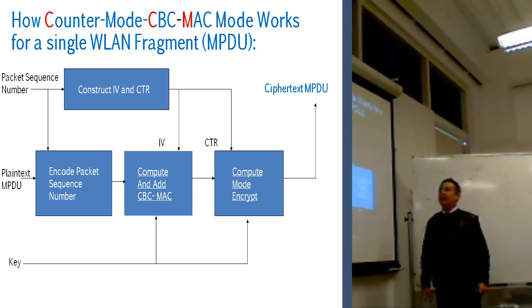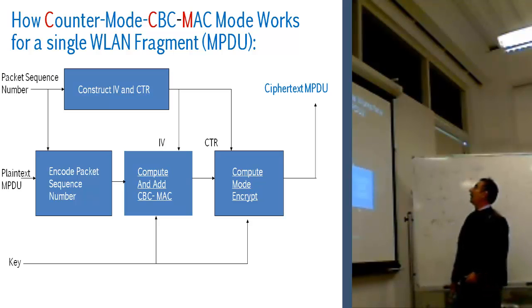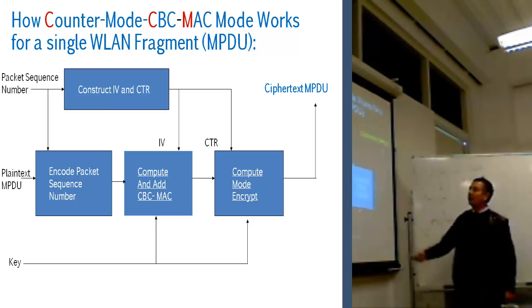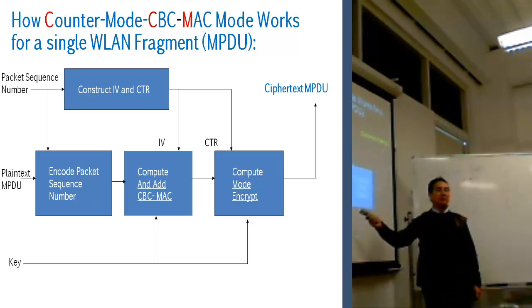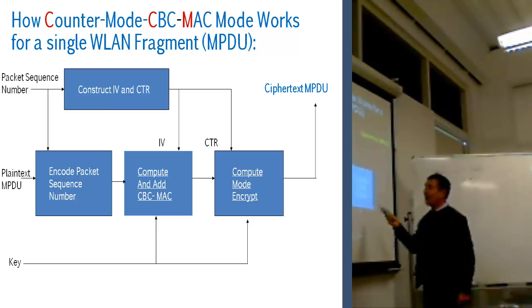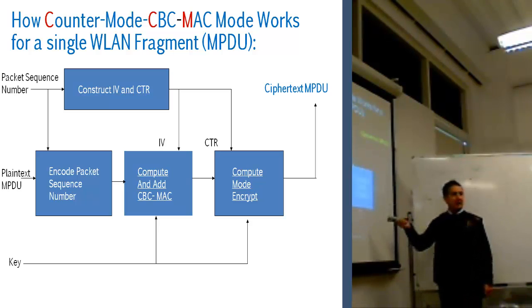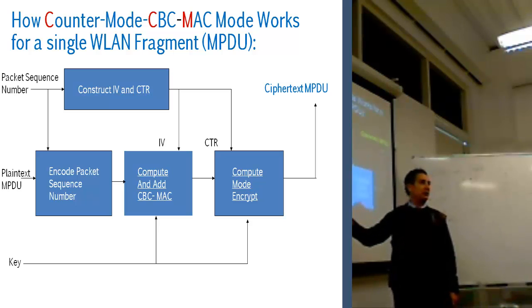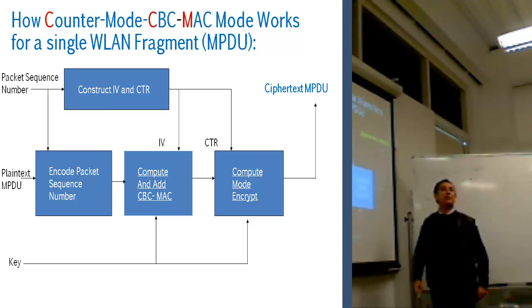So that's the idea. Then you got your ciphertext, and the destination side is going to recompute the MAC from the plaintext. First of all, it's going to decipher the message, and get the MAC and the packet sequence number. It's going to check the packet sequence number, whether this is a replay message or a new message.